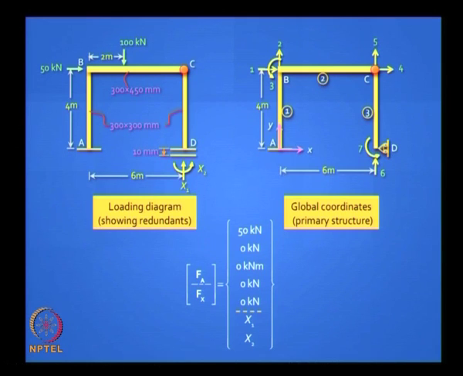You also have to write down the compatibility equations to solve for the unknown redundants x1, x2. What is d6 and what is d7? d6 is minus 1, right, that is where you bring in the support settlement. d6 is minus 0.01 meters and d7 is 0. Yeah, you have a question?